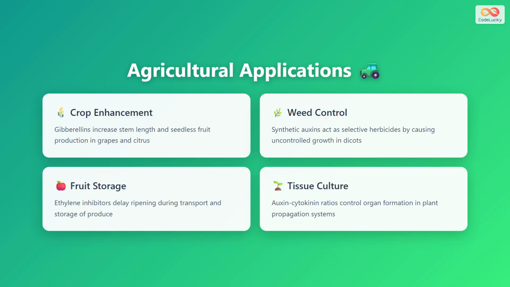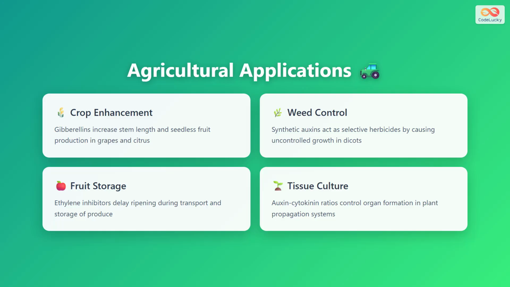Understanding plant hormones has led to numerous practical applications in agriculture. Gibberellins are used extensively in the grape and citrus industries to increase stem length and promote the production of seedless fruits, making them more commercially valuable. Synthetic auxins have become important tools for weed control. These artificial hormones act as selective herbicides, causing uncontrolled, lethal growth in broadleaf weeds while leaving grasses relatively unharmed.